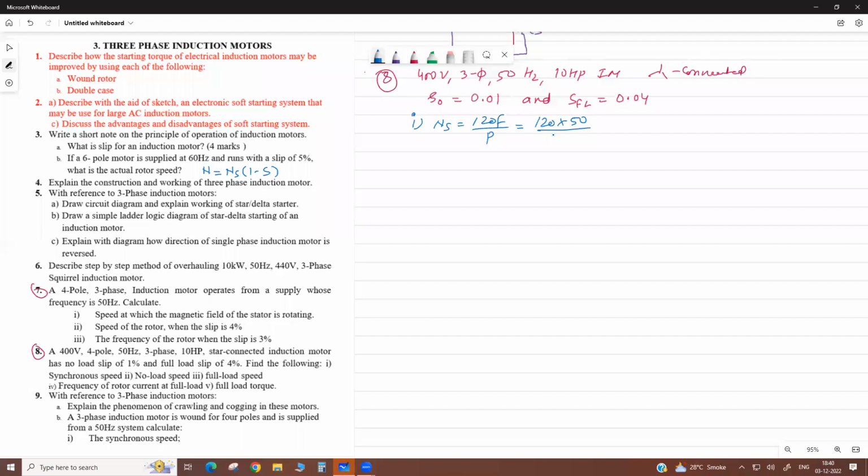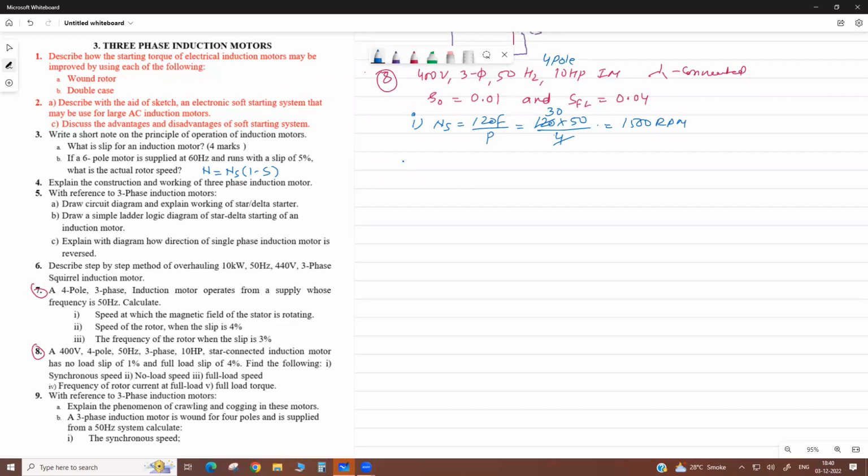Poles are here 4 pole. So this comes to 1500 RPM. This is the motor's synchronous speed.